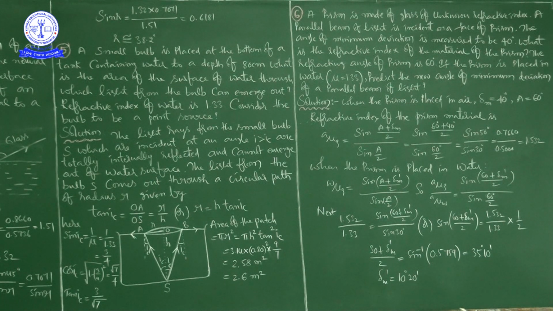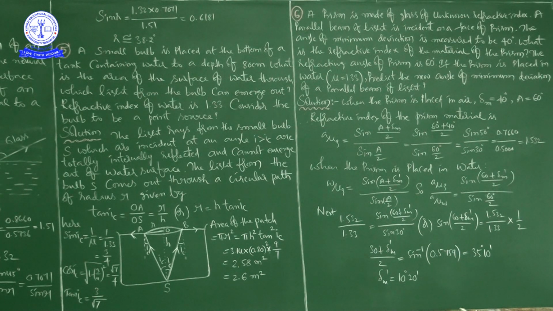What is the refractive index of the material of the prism? That we have to find. Next, the refracting angle of the prism is 60 degrees, so that is the given thing. If the prism is placed in water, predict the new angle of minimum deviation of a parallel beam of light.